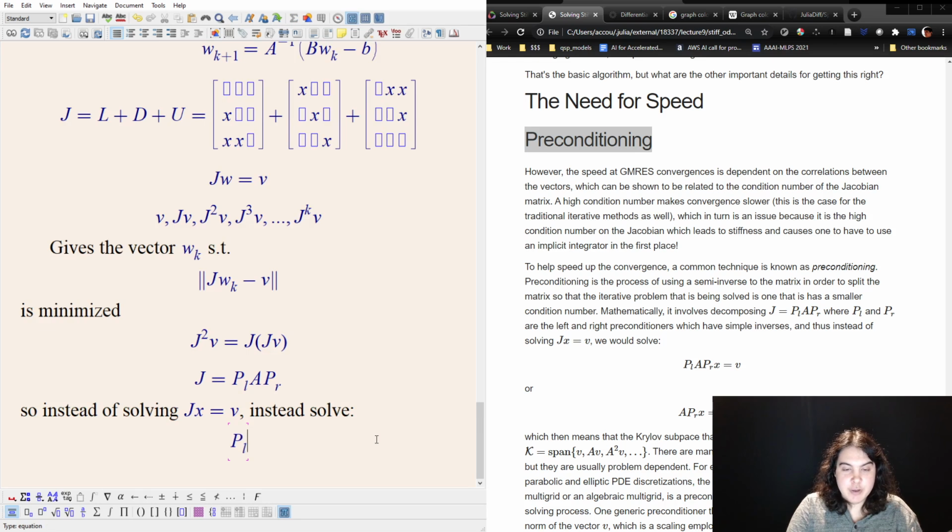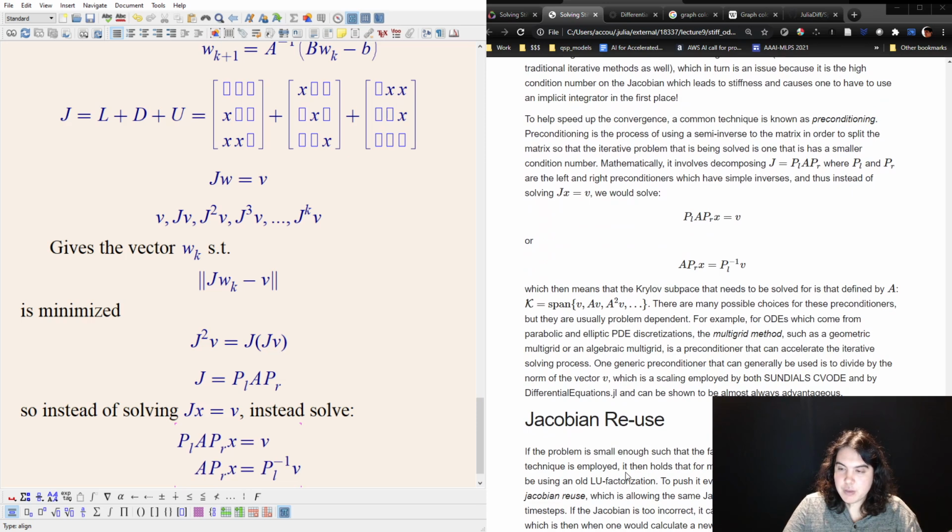We have P_L A P_R x = V. We can write this as A P_R x = P_L inverse V. This is what we call the left preconditioner, and this is what we call the right preconditioner.